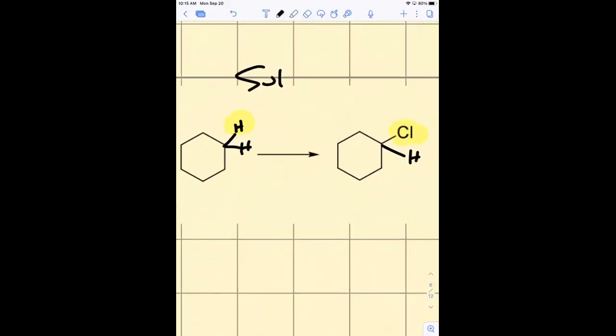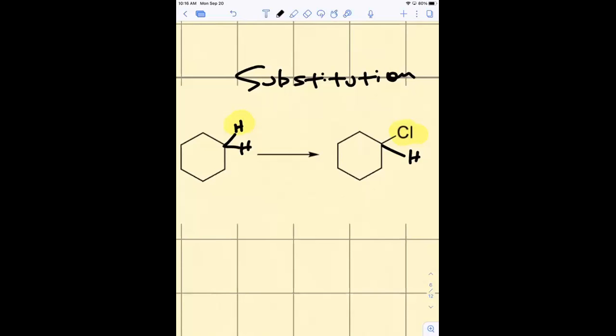So this is a substitution. Now, in this particular case, you can't do substitution on an alkane like that using a polar mechanism unless there's another type of leaving group present.